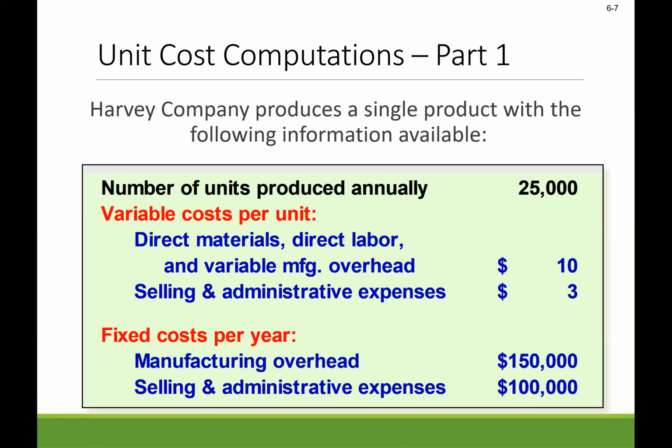And then we have our selling and administrative expenses of $3. And then we have our fixed cost. The manufacturing overhead is $150,000 and selling and admin is $100,000.